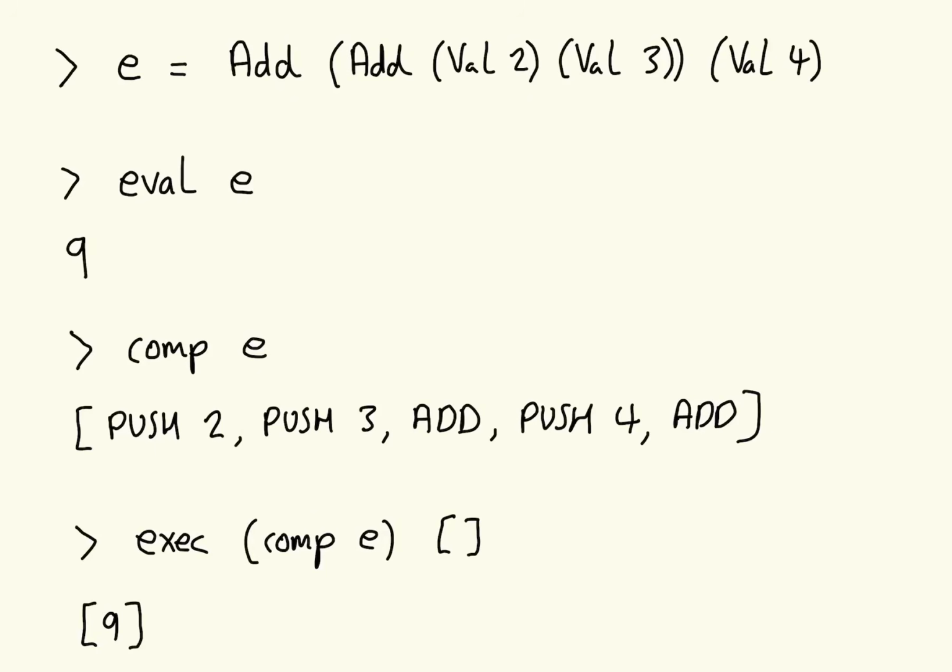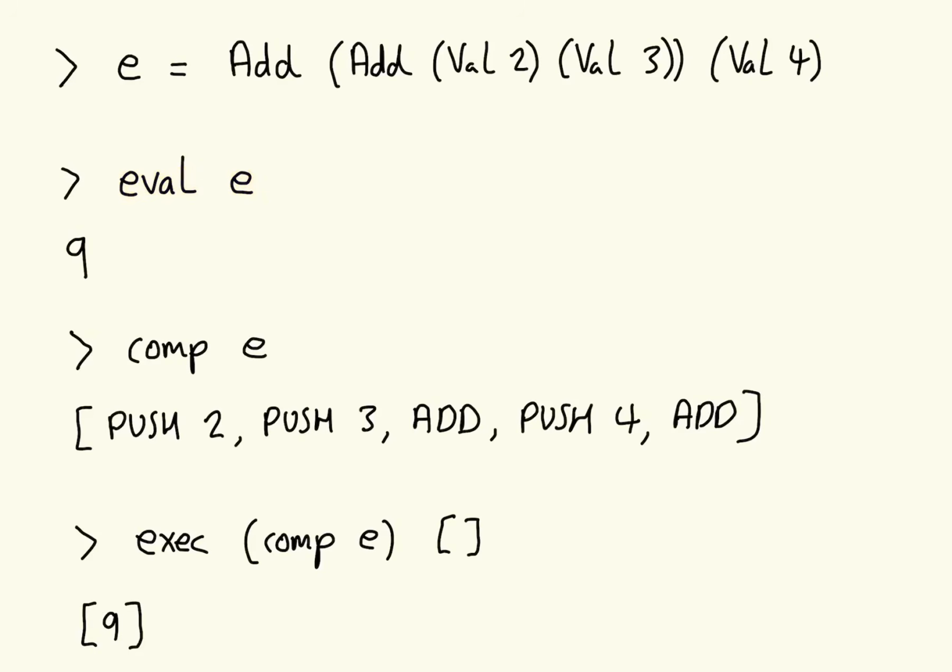So what we have on the slide here is an illustration of all of the functions which we have defined. So now we can think, what does it actually mean for our compiler to be correct with respect to the semantics? And this is very easy to see. When we took our example and we evaluated it, we got the result 9.